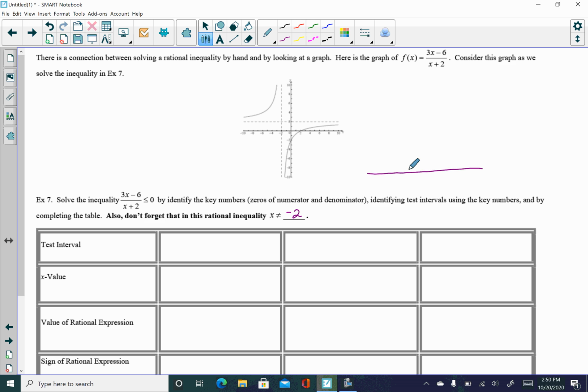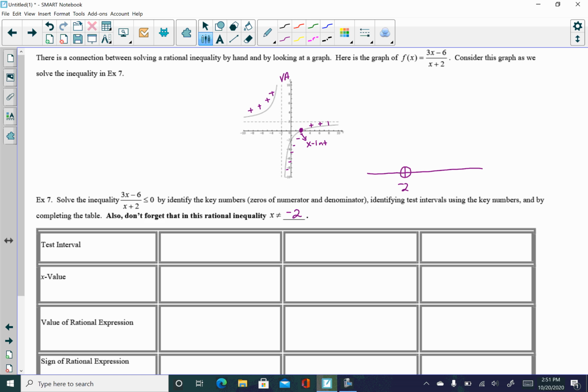At negative 2, since that's a vertical asymptote and you could never equal that, vertical asymptotes will always get open circles. And remember, everything up here was positive, and then after that vertical asymptote things became negative until we got to the x-intercept. And then on the other side of that x-intercept, we became positive again.